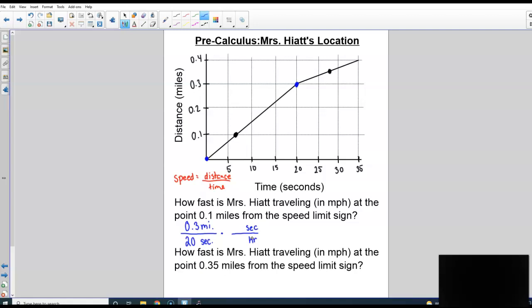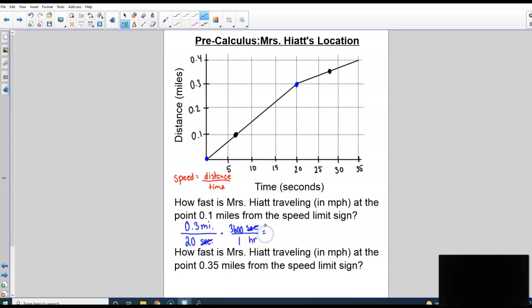So 3,600 seconds equals 1 hour. So if I'm multiplying by 3,600 seconds over 1 hour, it's really like I'm multiplying by 1 because it's something over itself, right? But seconds is going to cancel with the seconds on top. Just like if you had an X on top and X on bottom, they'd cancel out, right?